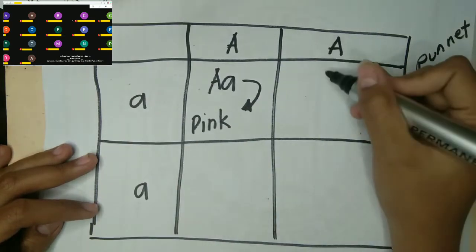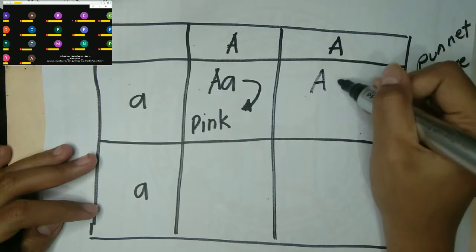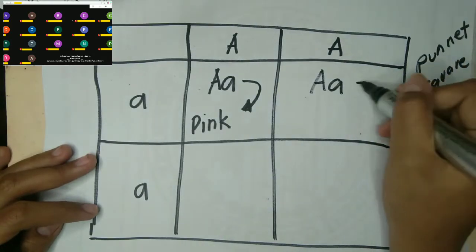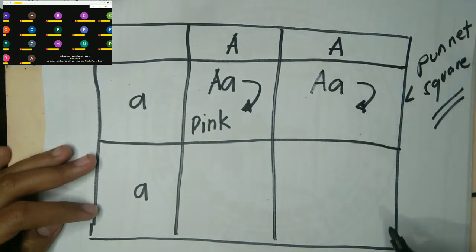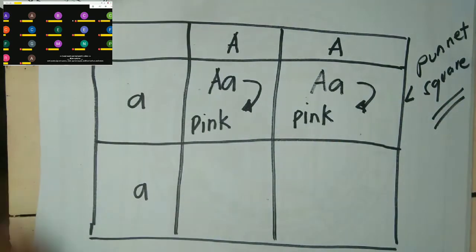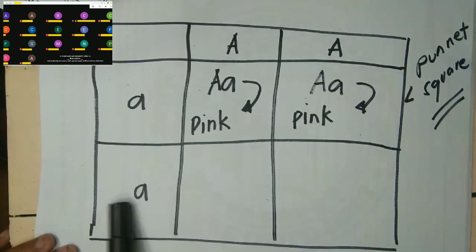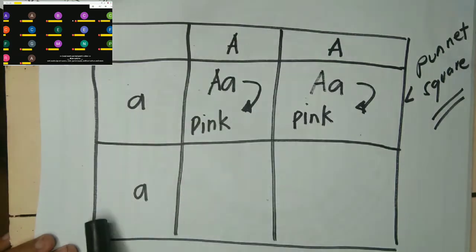Next is capital A crossed with small letter a. Again, we have a result of, yes, also pink. So we'll do the rest. We have capital letter A and small letter a.